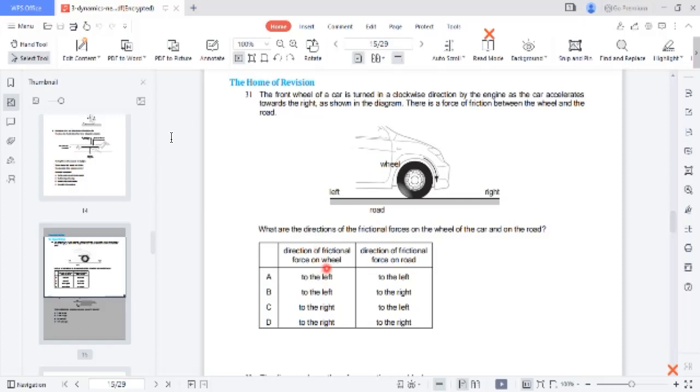Okay, so friction force is always opposite to the direction of motion.